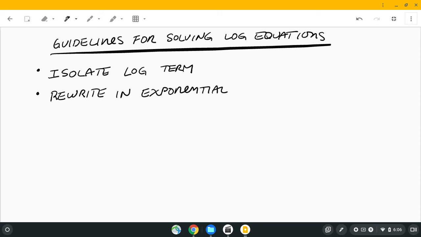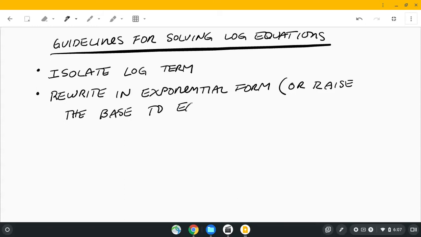And that will make more sense. Let me rewrite that. This second part here will make sense once you see it. To each side. And then solve.